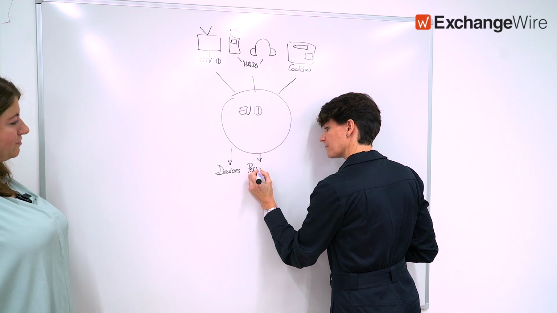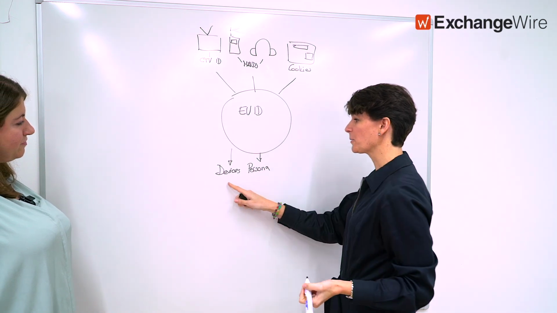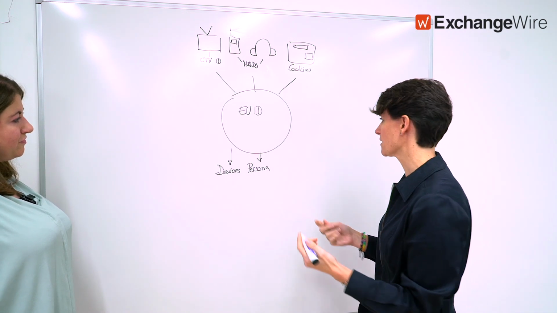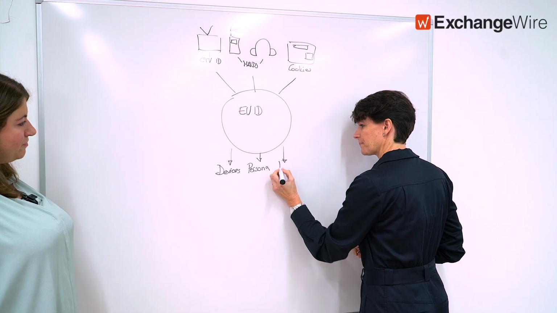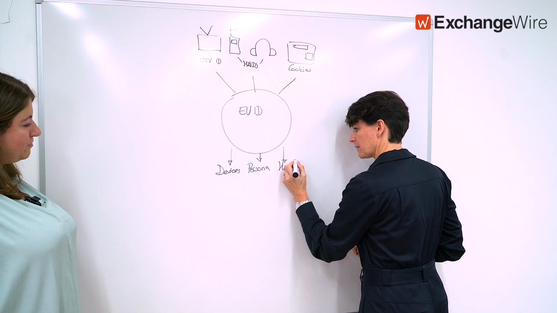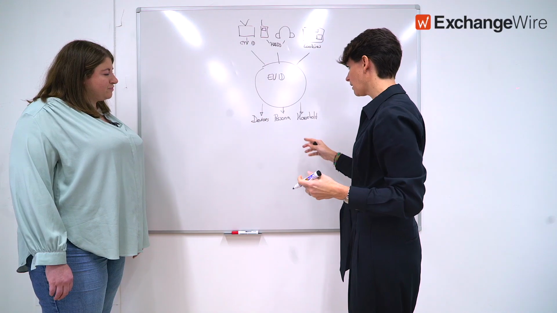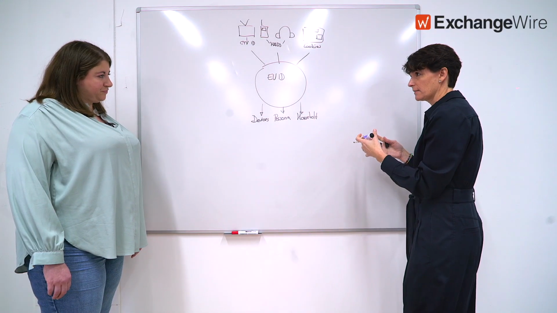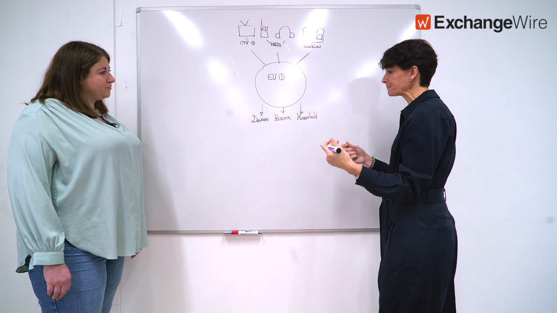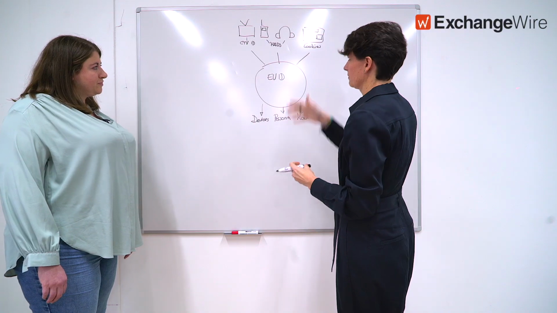Personas, which is a group of devices that belong to a user, and households. Now, personas and households are probabilistic constructs. They are based on assumptions and deterministic links.